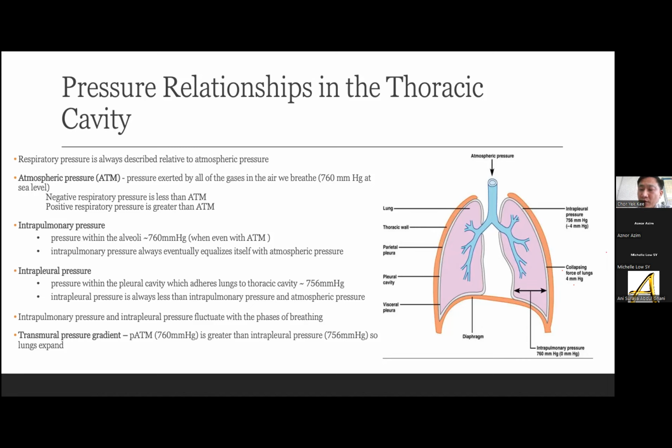When you inhale, we warm up the air, the humidity is higher, and the concentration of carbon dioxide will also be higher. That will subsequently drop the concentration of your oxygen. Remember, the pressure is very much affected by the temperature, humidity, and carbon dioxide.